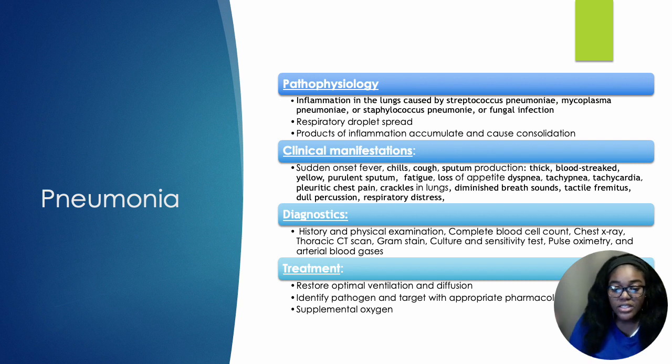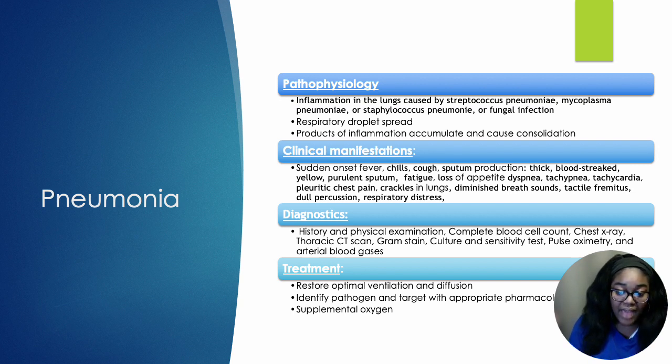And as far as your history goes with your diagnostics, make sure that there is a history and physical examination. There's a complete blood count. You may see chest x-rays or CT scans completed, gram stains for the bacteria that's causing the pneumonia. You may see a culture and sensitivity test, which would help determine which type of antibiotics or which type of treatment would best work against the type of bacteria or pathogen you have.